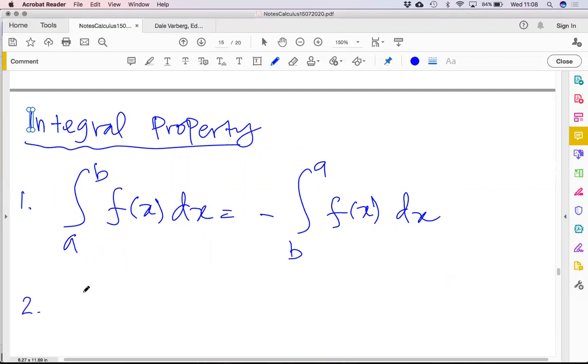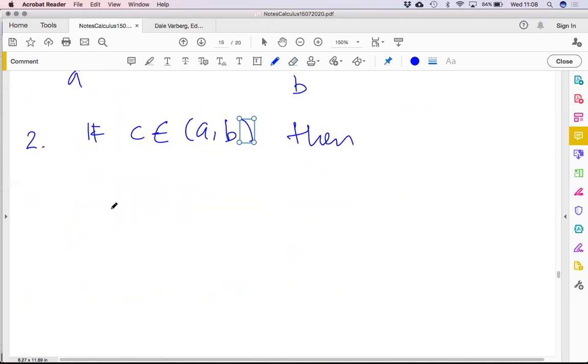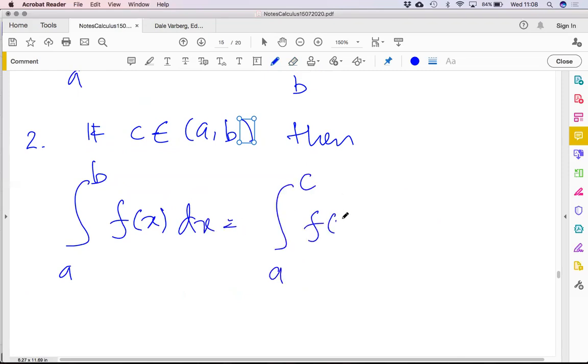Or the second: if c is an element of the interval a until b, which is not the same as a and b, then you can calculate the integral from a to b of f(x) dx as the same as a until c plus c until b, right?